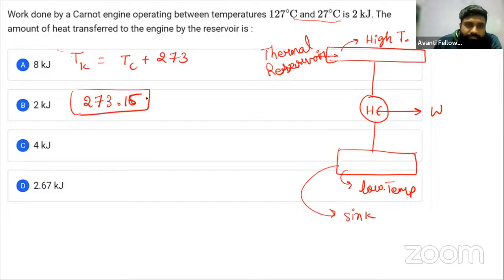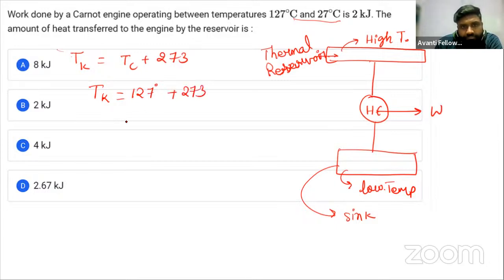Okay, now so T in Kelvin will become, for this 127 degrees Celsius, 400, and this is for hot and this is for cold.